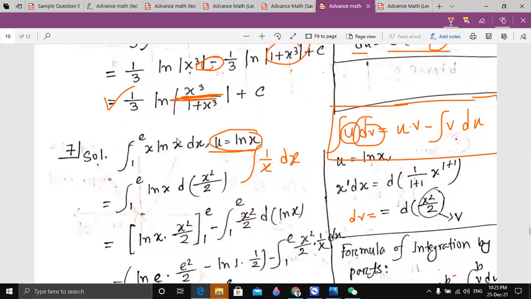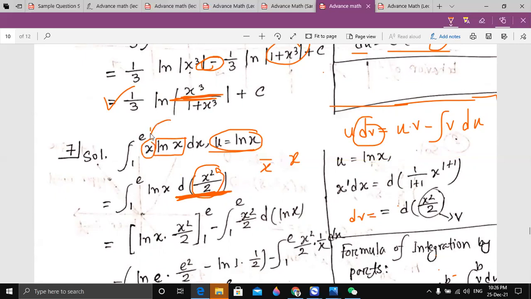We let ln x is equal to u, so only x is left. Now we have to calculate the integral of x. The integral of x will be x squared by 2. I think you can calculate this. So this is our dv, x squared by 2.